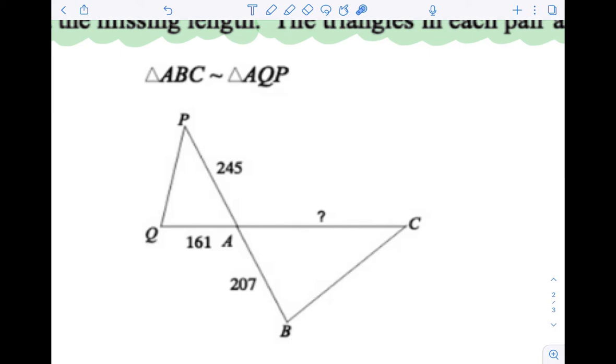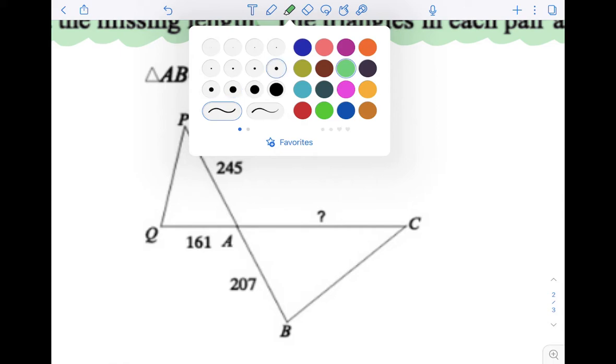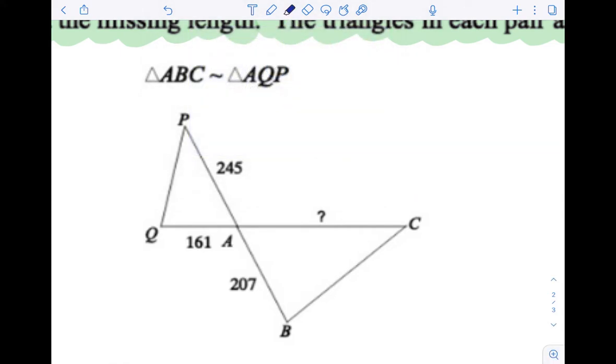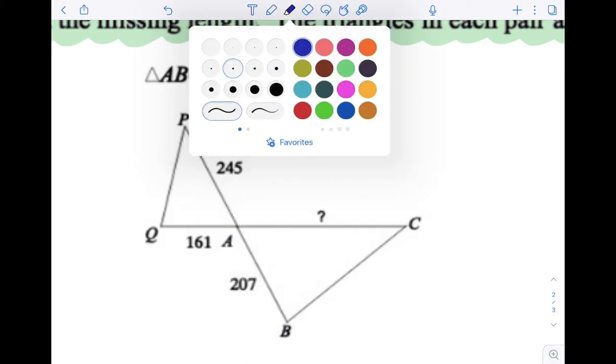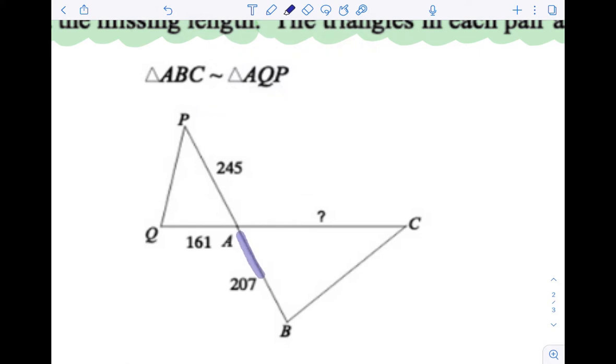That means that from A to B is the same as A to Q. A to B is similar to A to Q. Look at that.